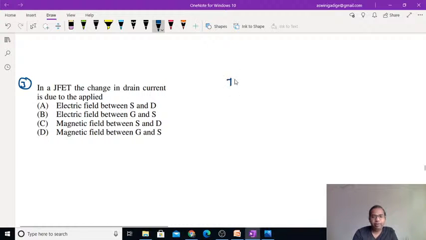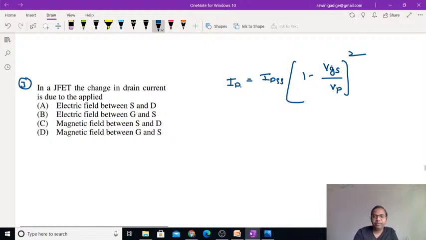So whatever the drain current is, the general expression we are going to take is IDSS into 1 minus VGS divided by VP whole square. So it is the expression, guys. And VGS represents the gate to source voltage.